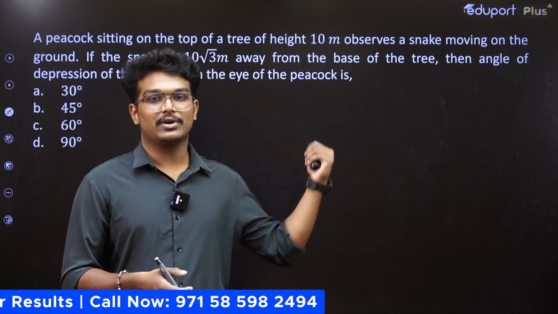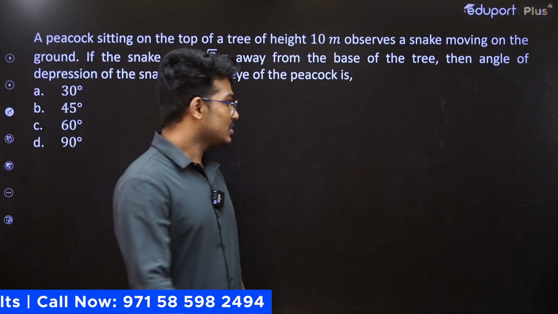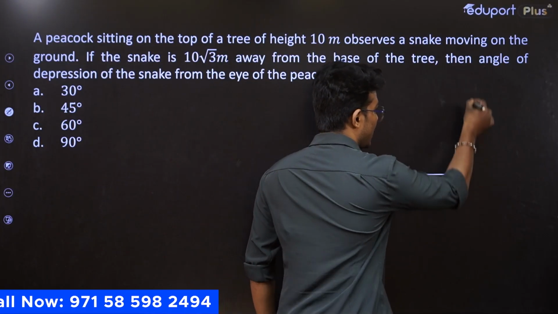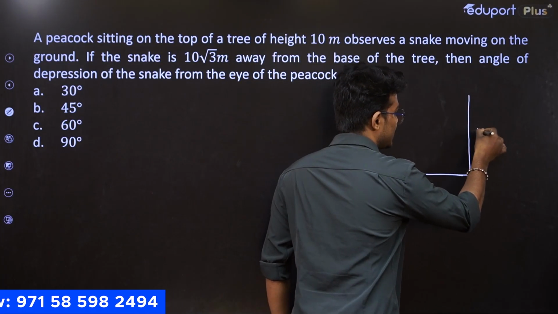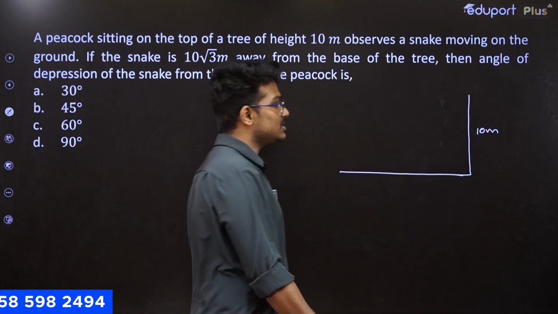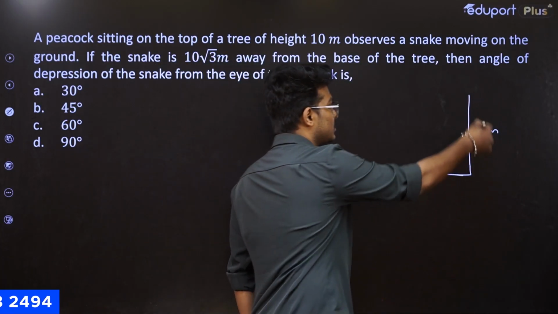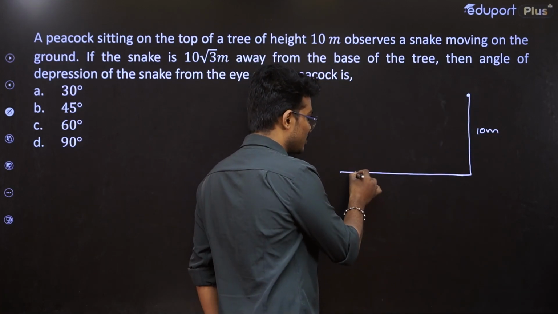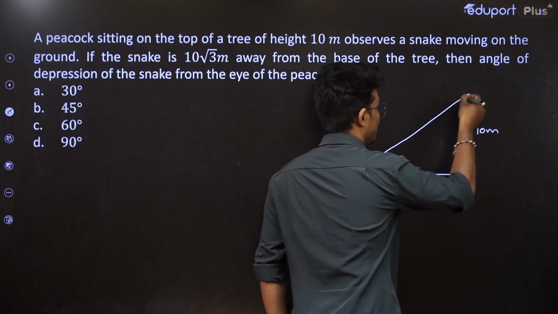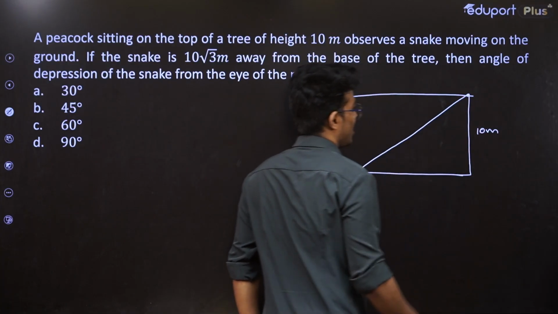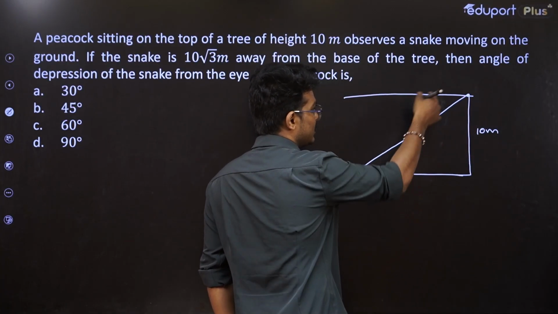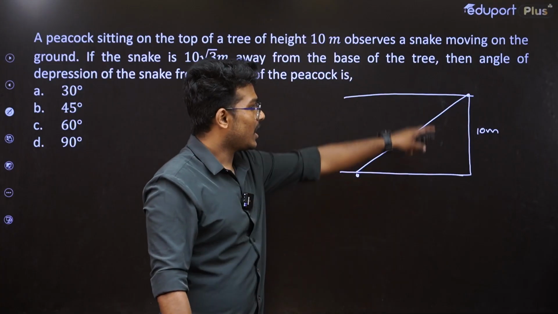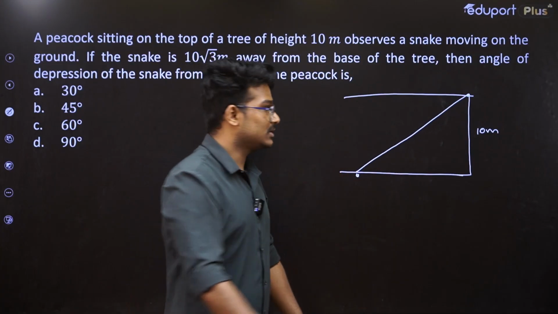We are also drawing a figure. First of all here is the floor and this is the tree. The tree is 10 meter high and a peacock is sitting on the top of the tree, and the snake is moving through here. Here is the peacock, and between the straight view and the downward view there is an angle.